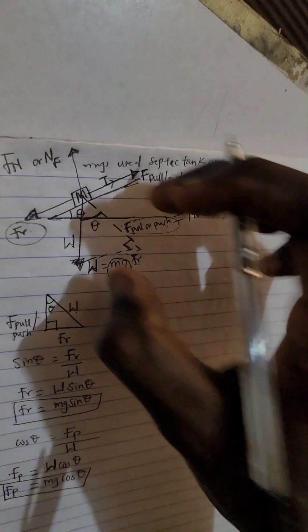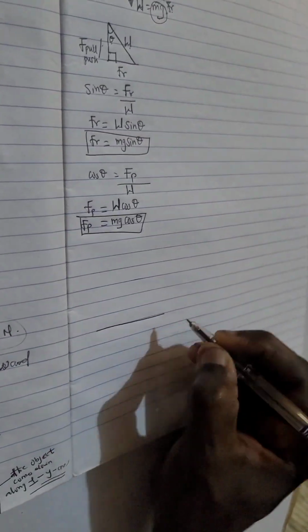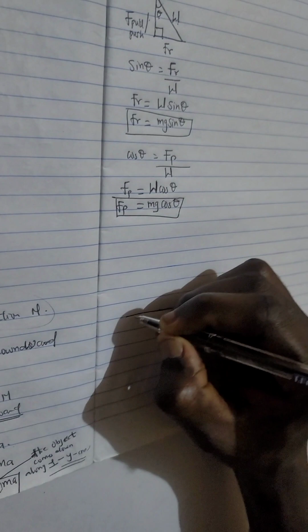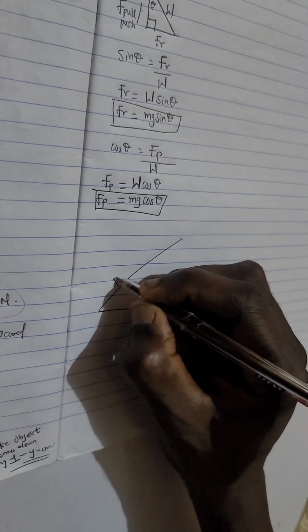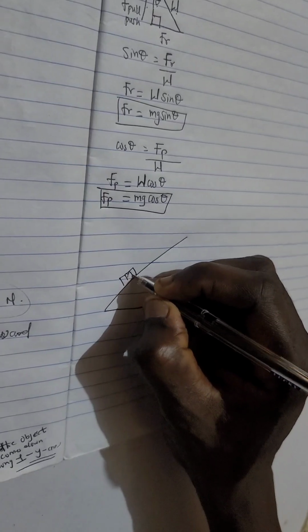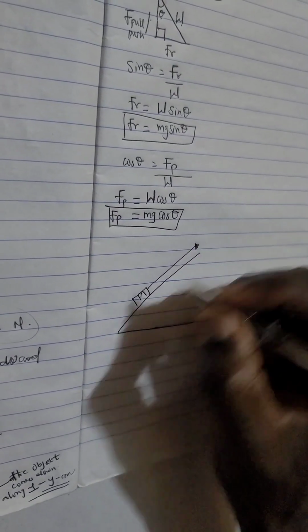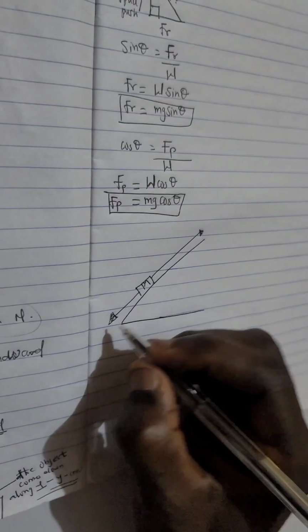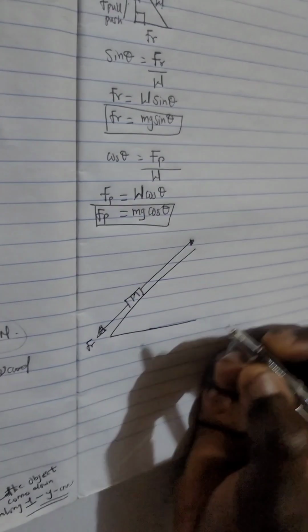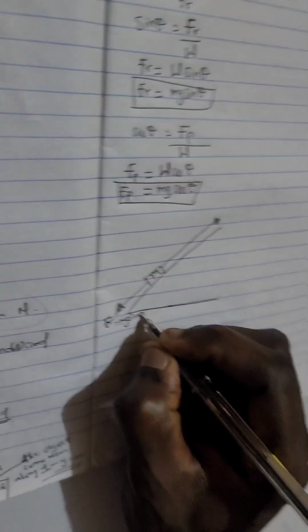Now, I want to redraw this diagram. Let me redraw it like this. Let's say this is the diagram. This is a mass. If this were the frictional force, it's going to be in the form of mg sin theta.